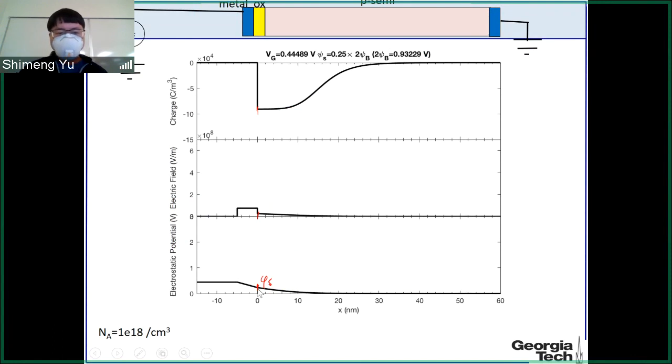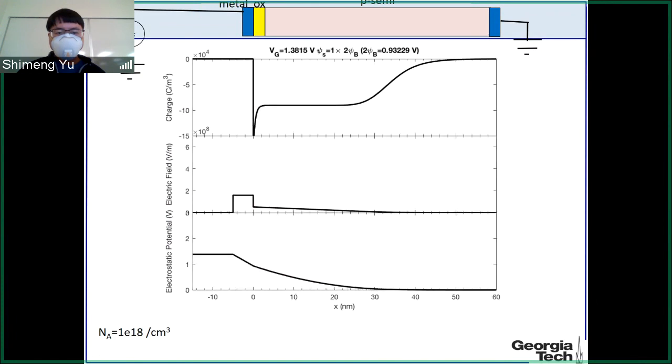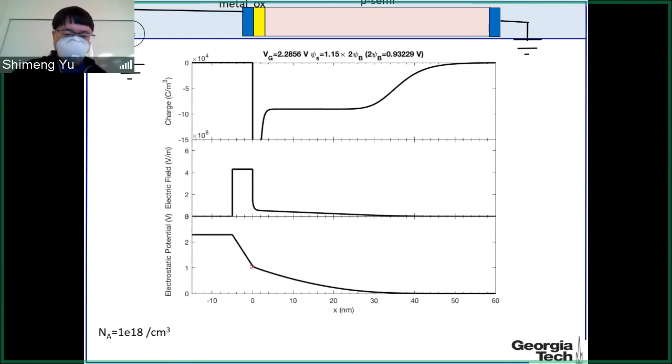The phi s, when you increase the gate voltage, the phi s keep increasing. Here, this is threshold condition, phi s equals to phi b. So here is phi s equals to 2 phi b. But after that, if you further increase the Vg, you see this point almost no change. The additional gate voltage you apply will drop across this Vox.